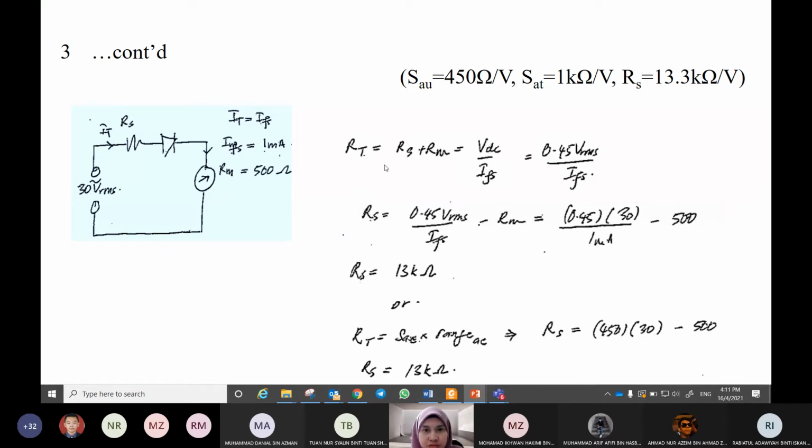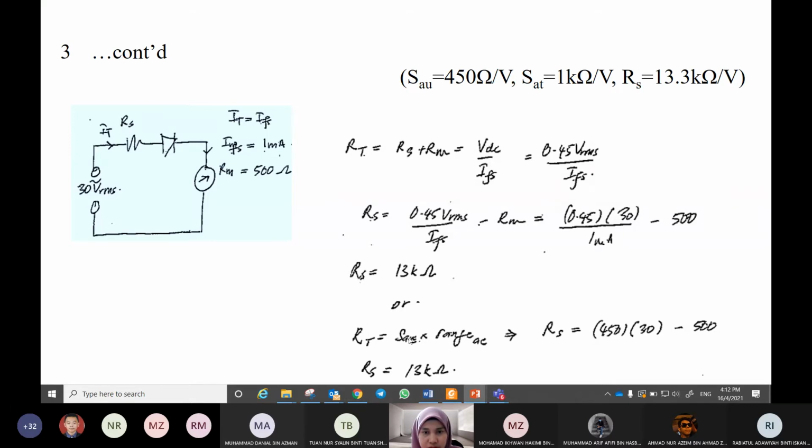So RS is equal to R total minus RM. R total is equal to VDC over current or 0.45 VRMS over current minus RM. So we substitute VRMS is equal to 30 divided with current 1 milli and minus RM 500. RS is 13 kilo ohm.